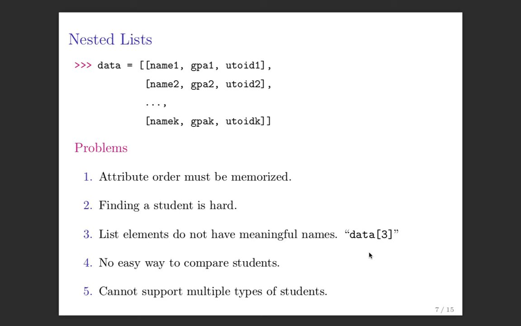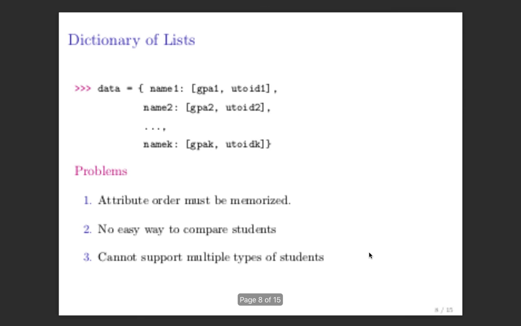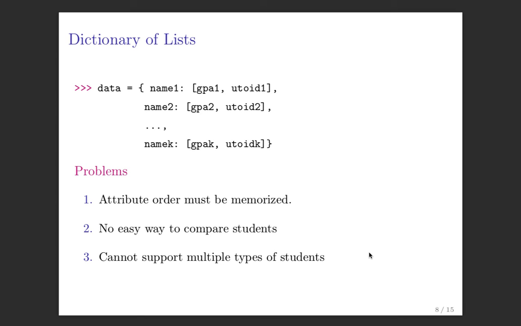There's no easy way to compare students, right? I couldn't find the student with the largest GPA quite easily. And this is fixed. I can't support multiple types of students. If I wanted to add another field to this, you couldn't. So we wouldn't want to use nested lists to do this. So your idea basically is one level up from that idea.